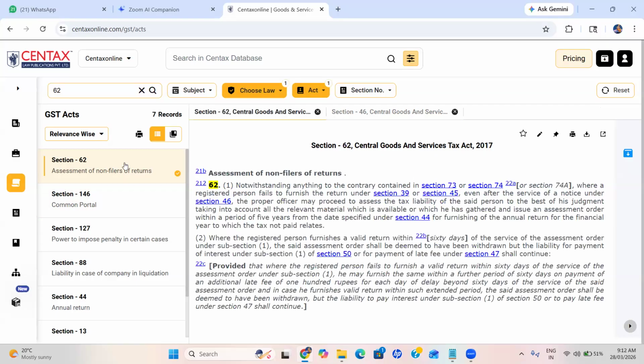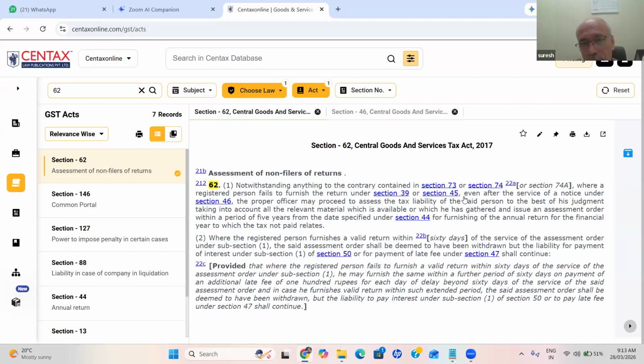Now, section 62. It says that even after the service of a notice under section 46, we have to take the meaning that after 15 days of serving the notice under section 46, which is given in form GSTR 3A, that form is called GSTR 3A, and it will give us 15 days time as per the statute.